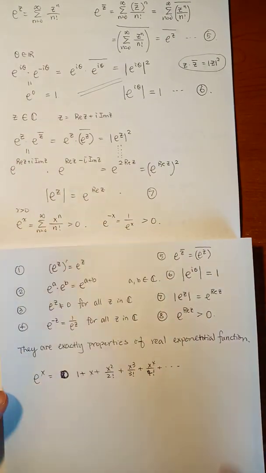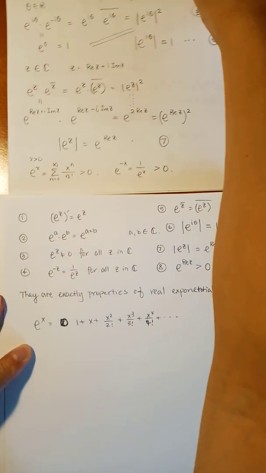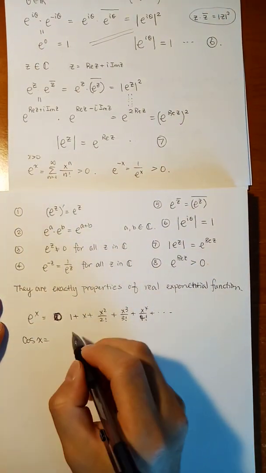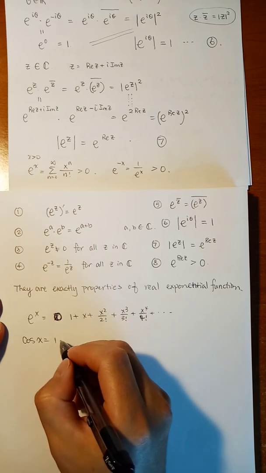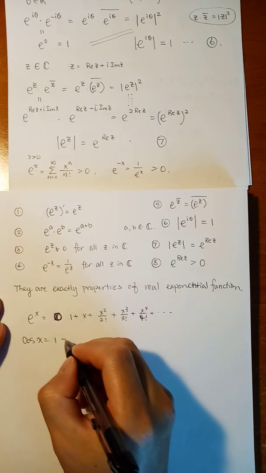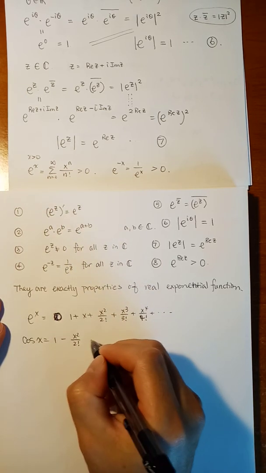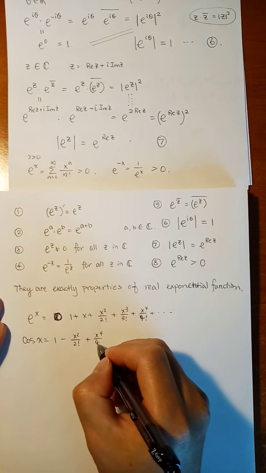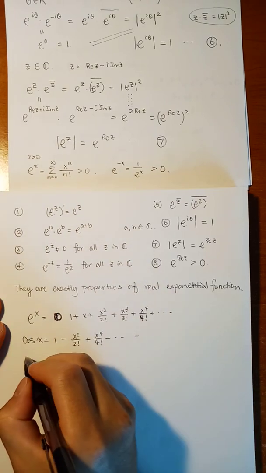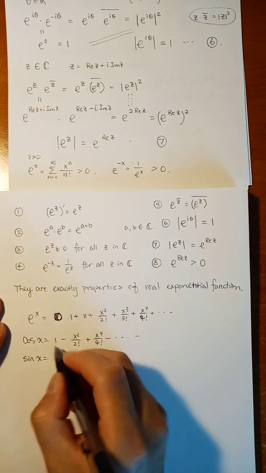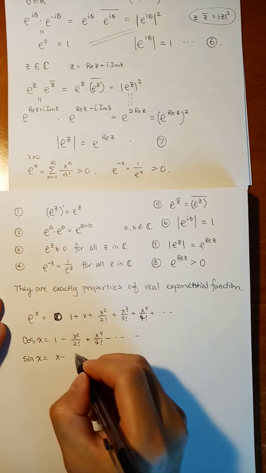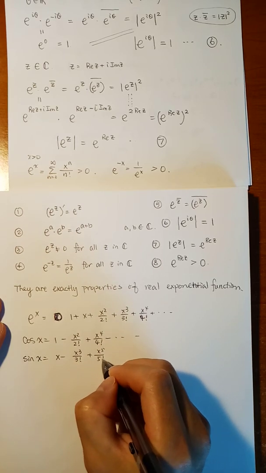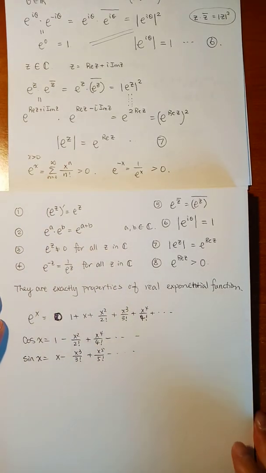The exponential function has a Taylor series like this, a Maclaurin series, and we have cosine of x, let's just pick up the even part: 1 minus x squared over 2 factorial, plus x to the 4 over 4 factorial, and minus. And sine of x is x minus x cubed over 3 factorial plus x to the 5 over 5 factorial minus, it's alternating plus and minus.